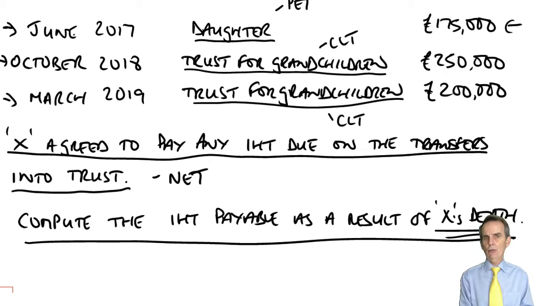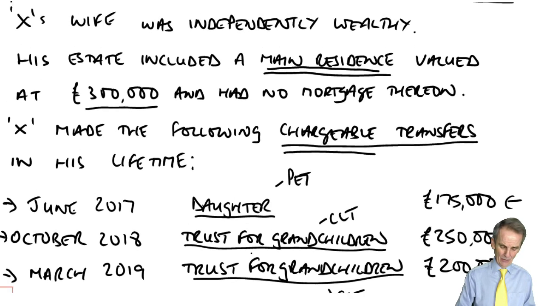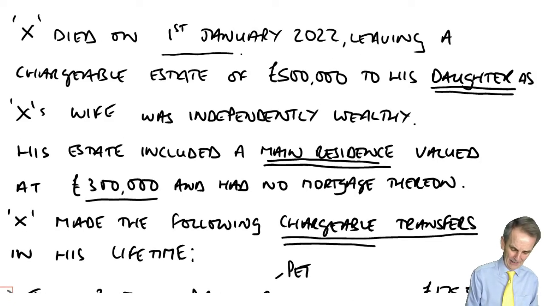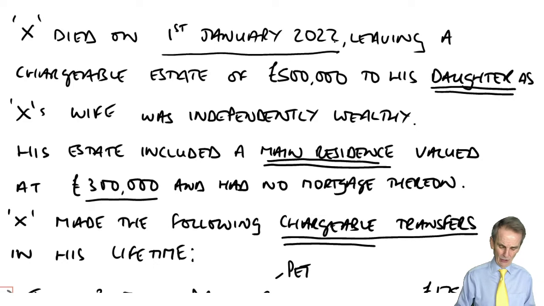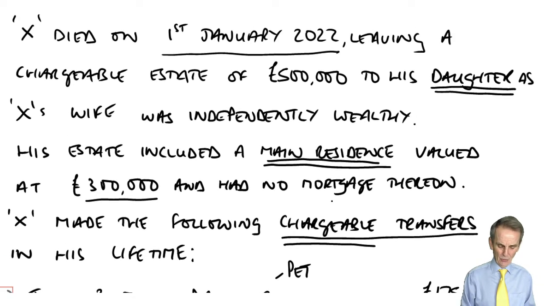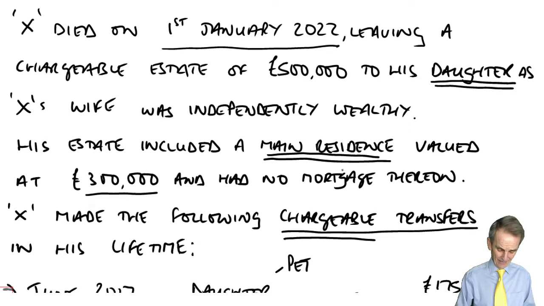Do we have any lifetime transfers made within the 7 years of the date of death? Yes, we do. Our taxpayer sadly died on the 1st of January. Not a good start to the year. 1st of January 2022 there. Going back 7 years would take us back to the 1st of January 2015.